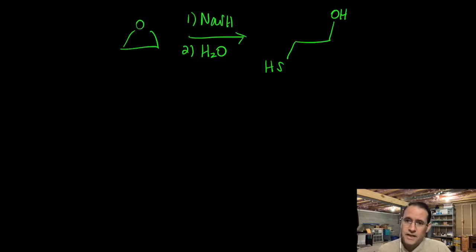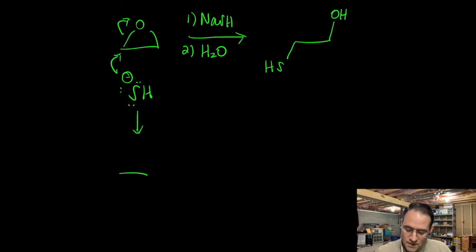Here we have NaSH, so to speak. This guy here, we totally ignore the sodium ion. It's just a spectator ion there. The curved arrow reaction mechanism involves this negatively charged nucleophile attacking this epoxide.